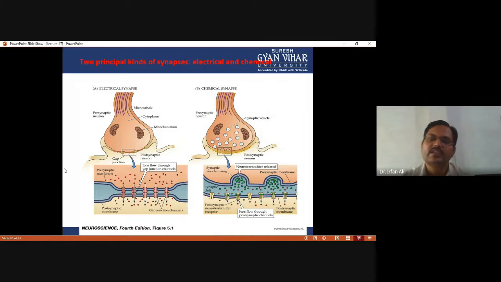When these neurotransmitters bind with the receptors, they open the ligand-gated ion channel, due to which this chemical signal is now converted into an electrical signal. So in the chemical synapse, the electrical signal is first converted into a chemical signal, and then the chemical signal is converted back into an electrical signal. So there are two kinds of synapses: electrical and chemical.